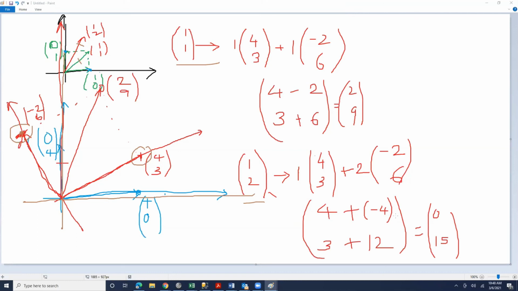So now the way to think of this is my unit vector 1, 1, under this transformation where 4, 3 and minus 2, 6. What I did is write the transformations of the x and y coordinates together, which resulted in this new vector 2, 9.